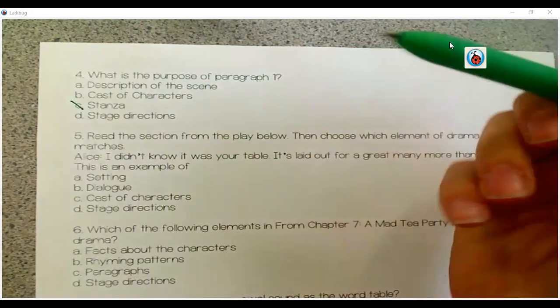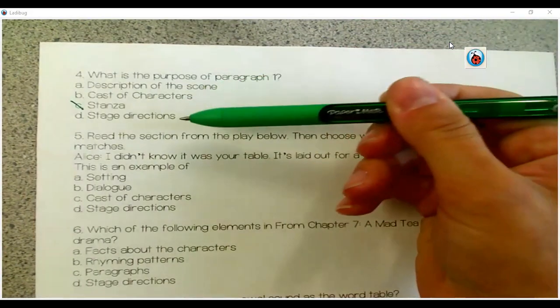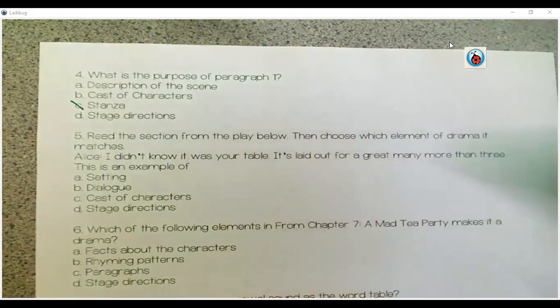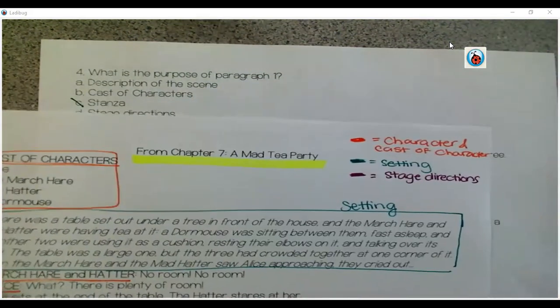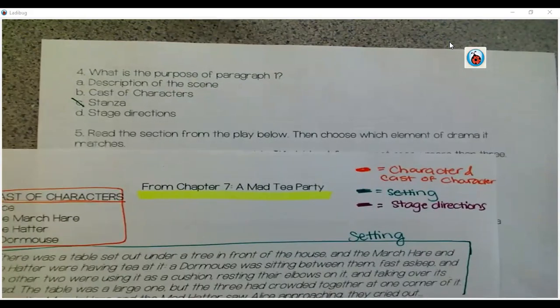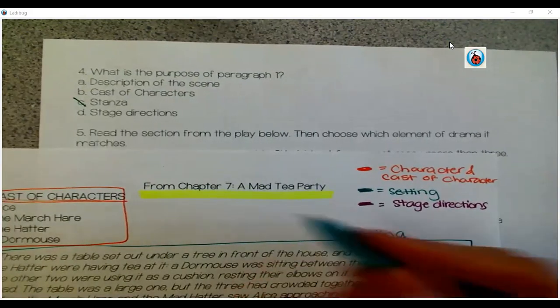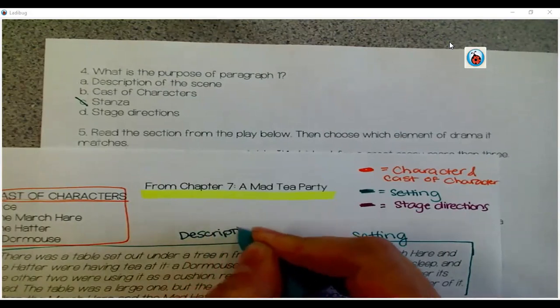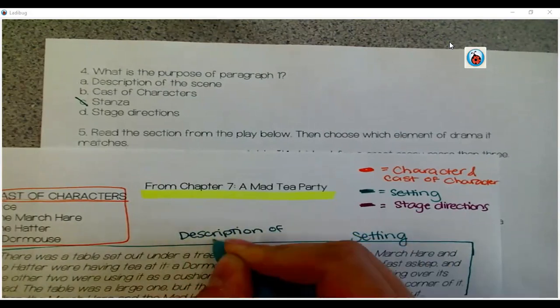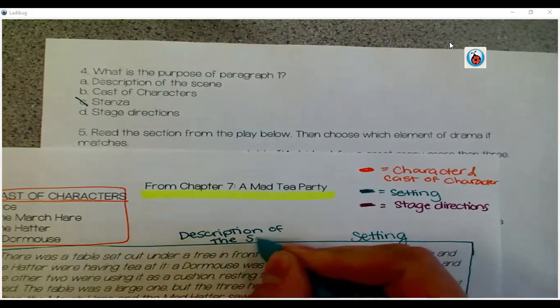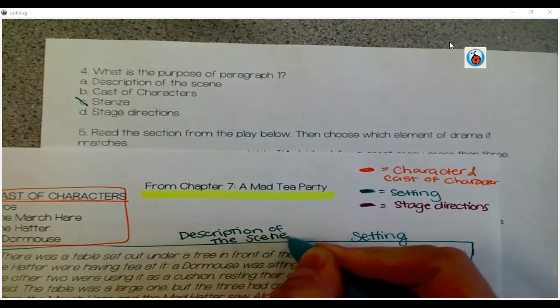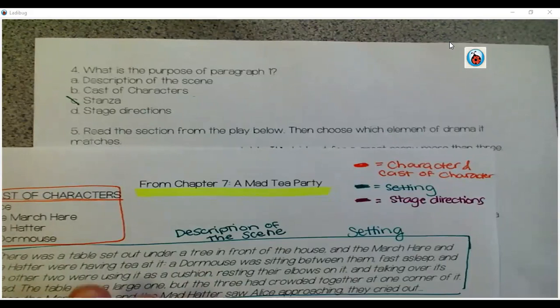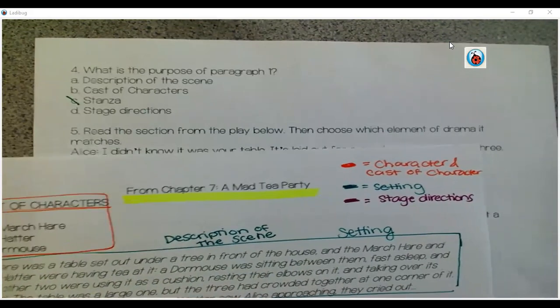Description of the scene, cast of characters, or stage directions. So when I read this to you, I said it was the setting, which is true, but you could also say that this is the description of the scene, because it sets the scene before we start reading, so we know where it's taking place and what's happening.